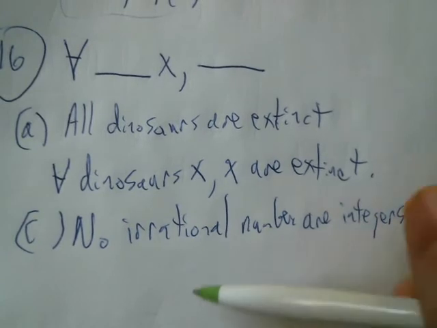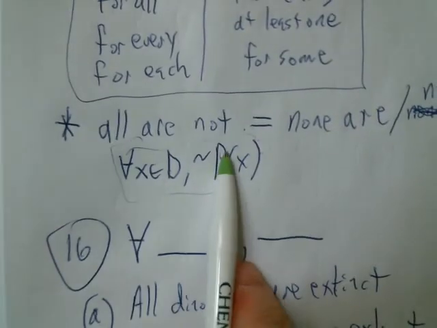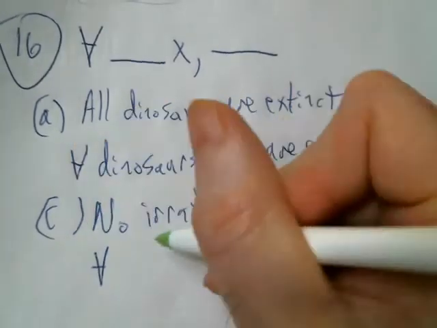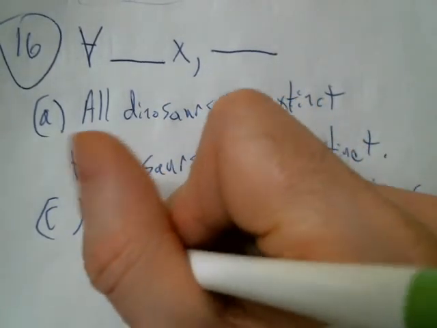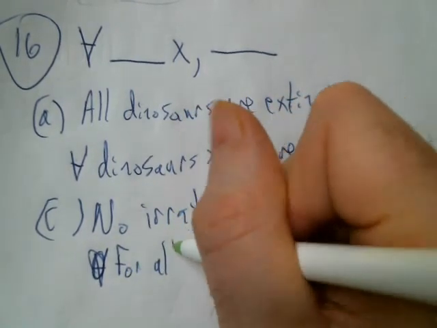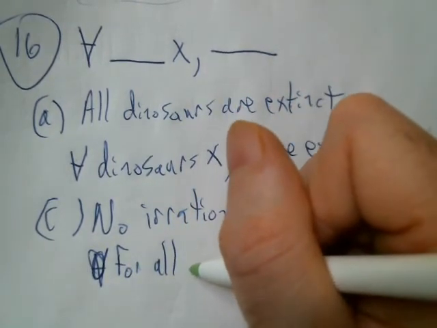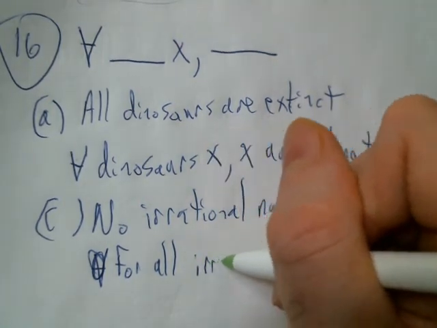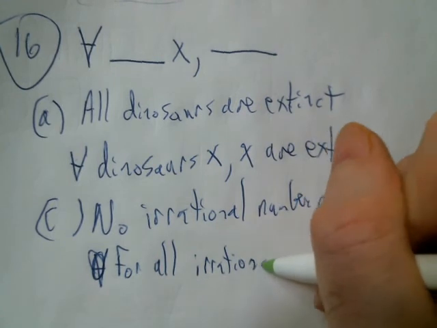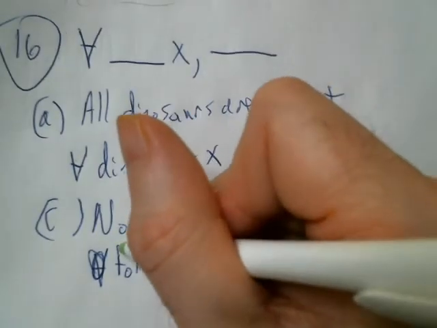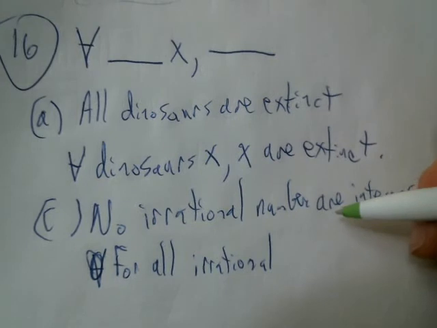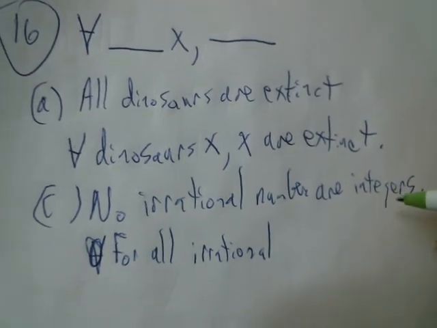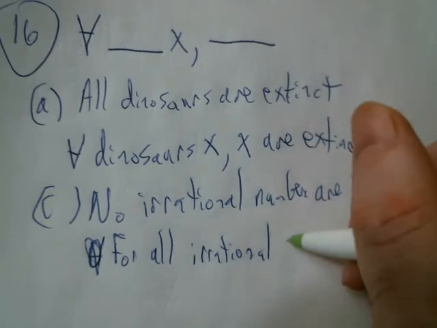Okay. So what I'm going to do with this is turn it into an all or not statement. So for all irrational, or maybe just all irrational numbers are not integers.